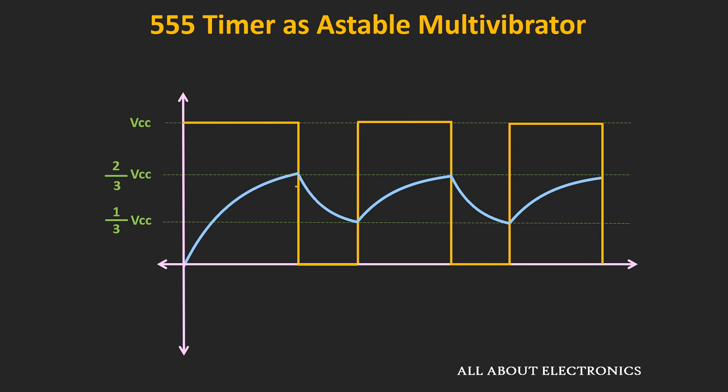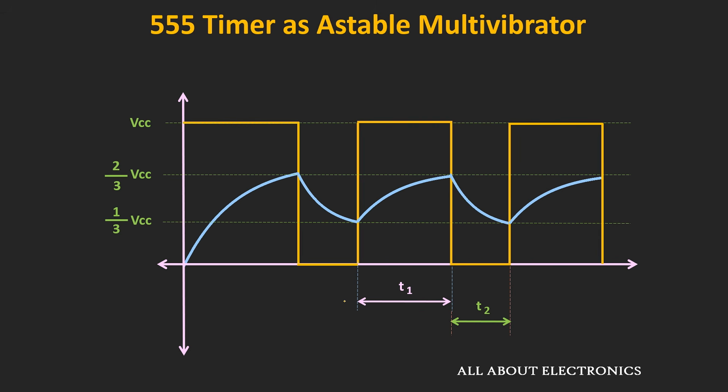Now as soon as the voltage across the capacitor reaches this 2/3 VCC voltage, you will see a transition in the output from logic high value to the logic low value, and now the capacitor will start discharging towards 0 volt. During the discharging process, as soon as it reaches this 1/3 VCC voltage, once again you will see a transition from logic low value to the logic high value, and in this way the capacitor is charging and discharging between these two voltages.